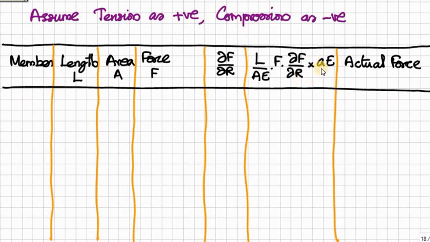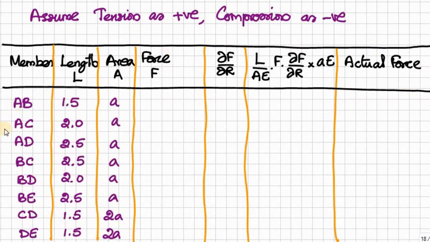That's why we multiply AE. So once we know the R value, we can substitute the R value in this expression to get the actual force. So these are the members AB, AC, everything up to DE, then the corresponding length, then the corresponding area. So to calculate force, we have to use the method of joints.